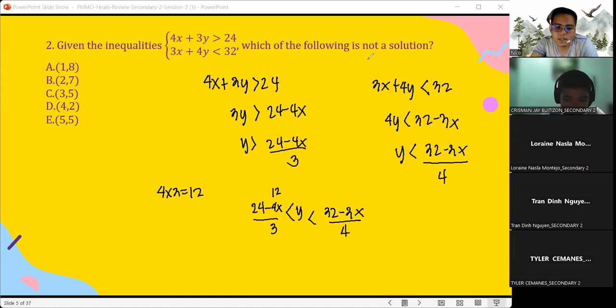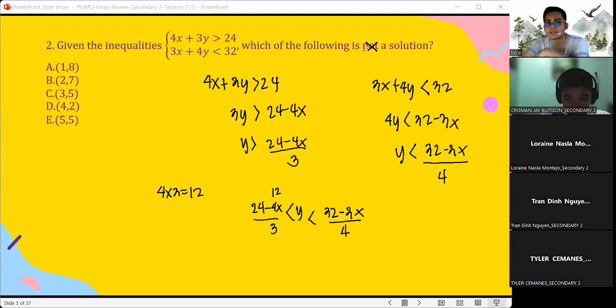If it's 3 and 5, let me double check again. 12 divided by 3 is 4, correct. So 32 minus 12, divided by 4. 32 minus 9 is 23, divided by 4. Are we on the same page? You mean it's looking for the solution?